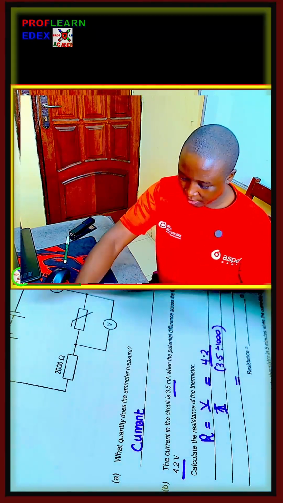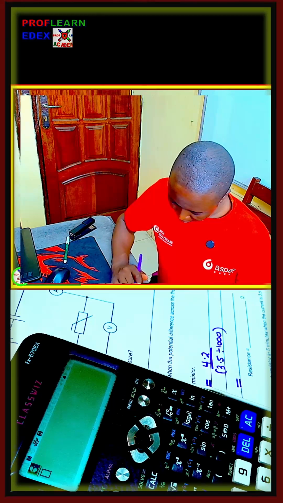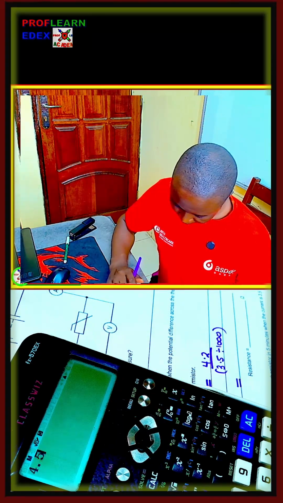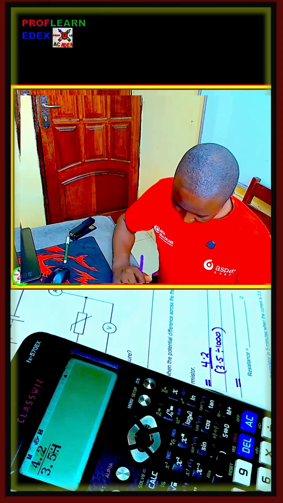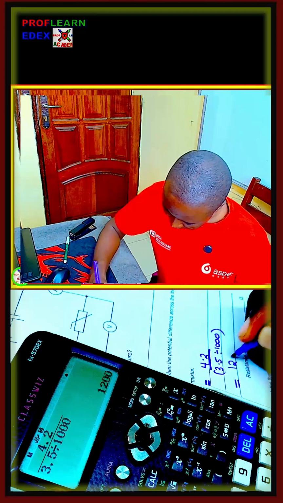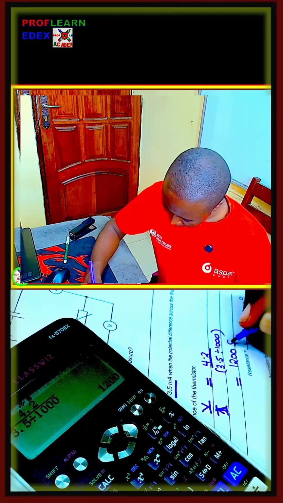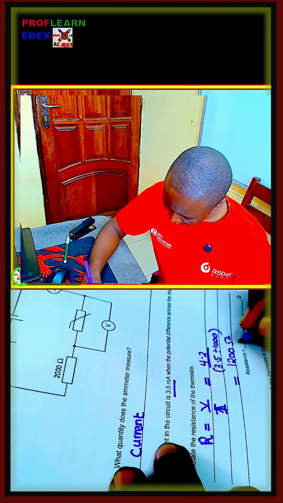If we work it out, we are going to get 1200 ohms in this case.